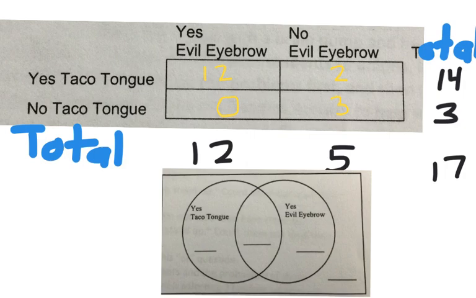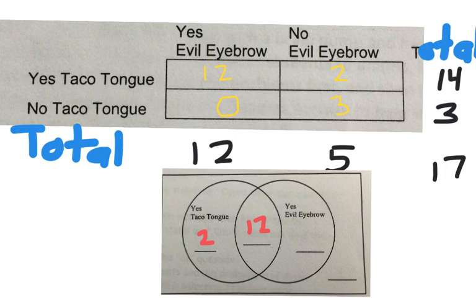So if it were me, I would start here. I would start with the overlap. How many are in the overlap? There are 12 in the overlap. There are 12 that could do both. How many could do taco tongue, but they couldn't do the evil eyebrow? There's 2. Because see, look, how many's in this circle now?